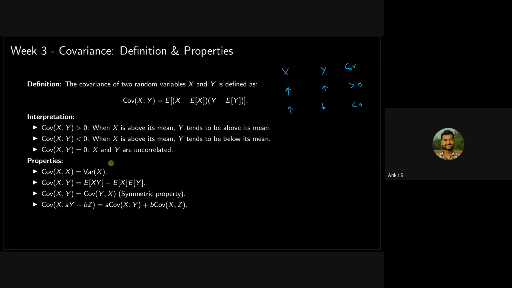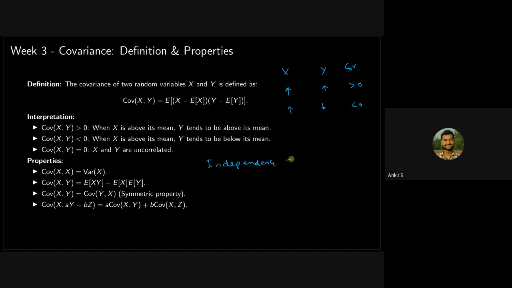And we also had another definition where we said that if x and y do not affect each other, then we say that x and y are independent. So are they the same or are they different? Anyone? They are different. Yeah, different, right.